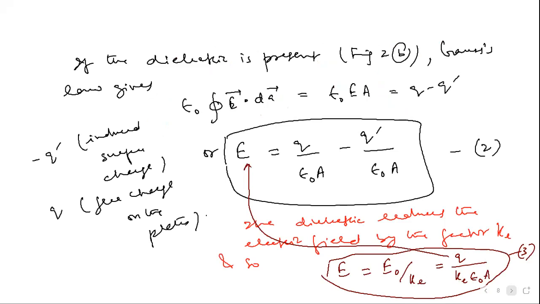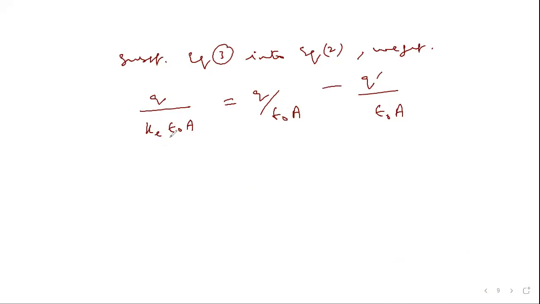So I got this equation: Q by Ke epsilon naught A is equal to Q by epsilon naught A minus Q prime by epsilon naught A, or we can solve it.